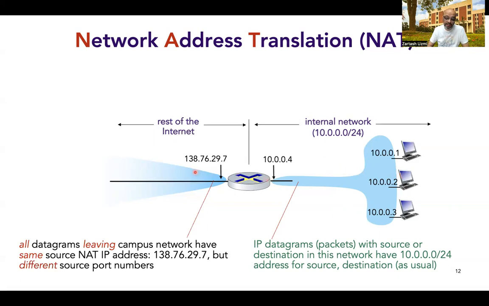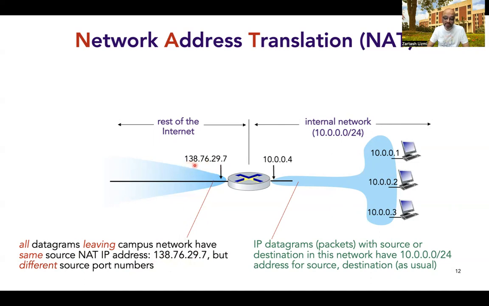They must be translated into something which is globally routable. All datagrams or IP packets leaving the campus network must get translated to an IP address which is globally routable.